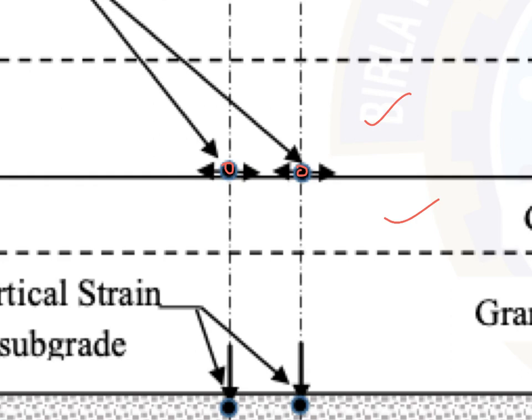Now this point is at the interface of the bituminous and the granular material, but it is inside the bituminous, not in the granular. So this point will be considered just at the interface inside this bituminous layer.